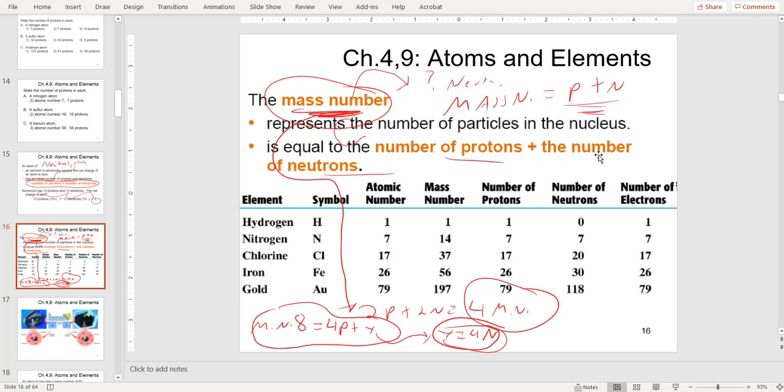So here is hydrogen. There's the mass number, and we may not just flat out tell you what the number of protons is. Maybe they will give you the atomic number.